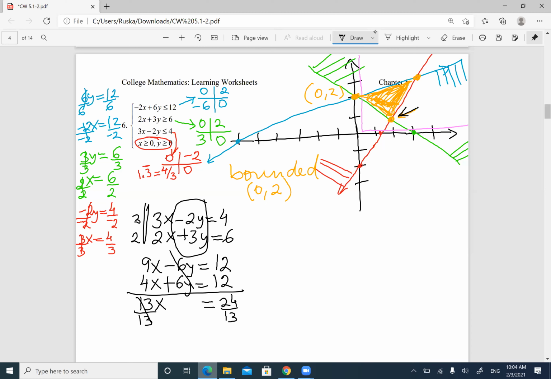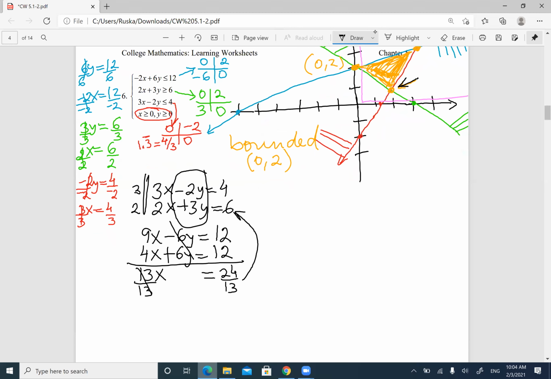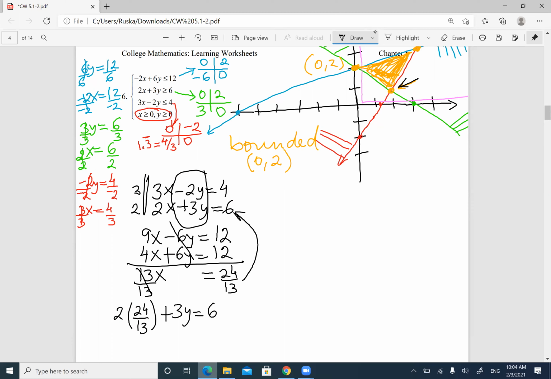So that's the x. And then let's plug it into the second one to find the y. So we have 2 times 24 over 13 plus 3y equals 6.